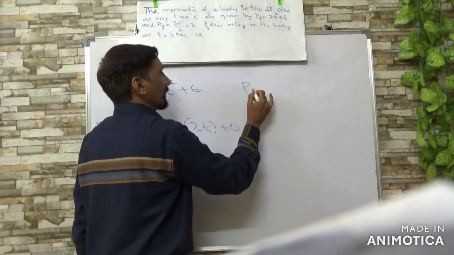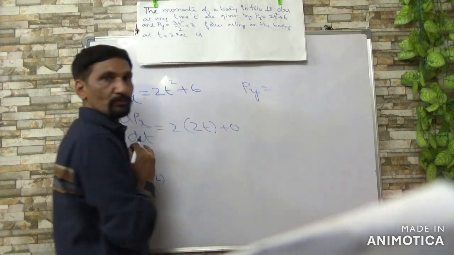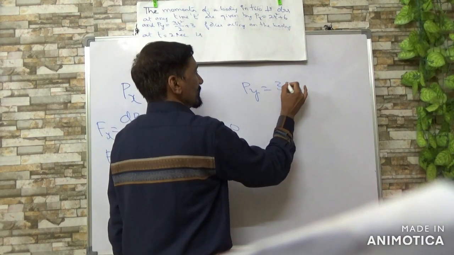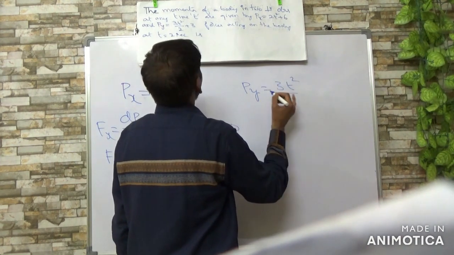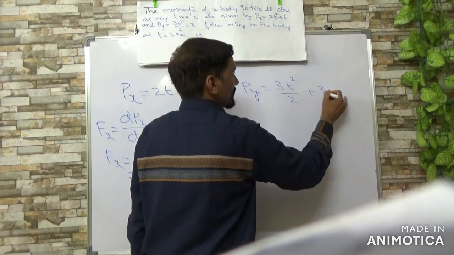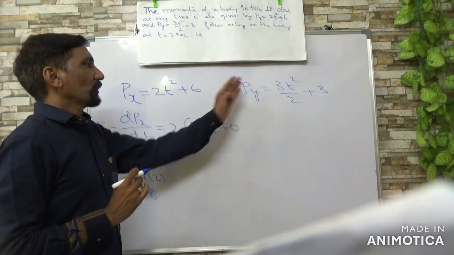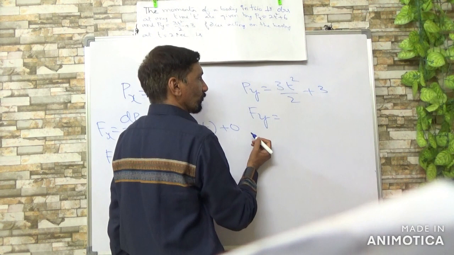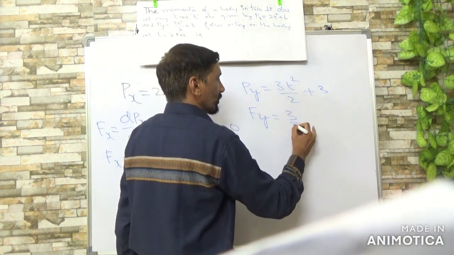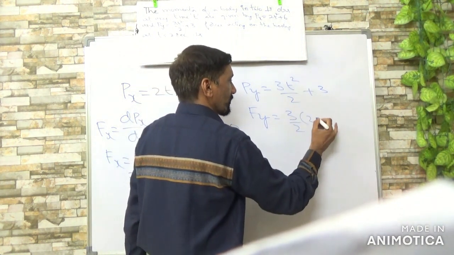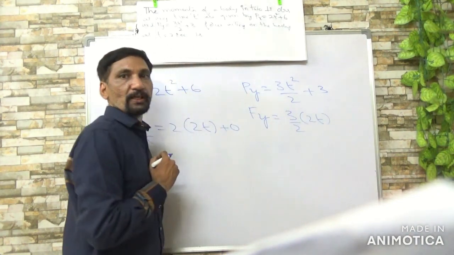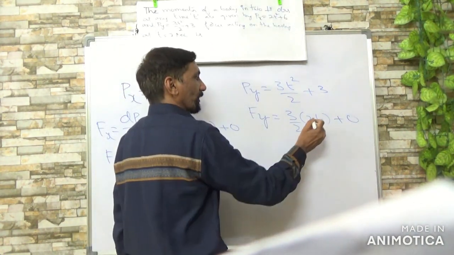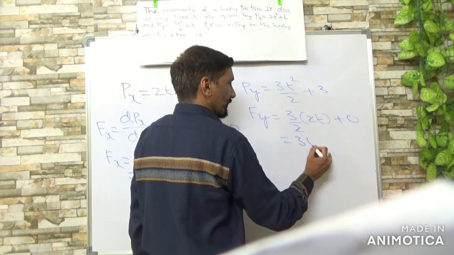Similarly, you can find it in the y direction, where the momentum is given as 3t square by 2 plus 3. When you differentiate this equation with respect to time, you get force. So 3 by 2 into t square, differential value 2t, plus constant 0. The 2 cancels, giving 3t.